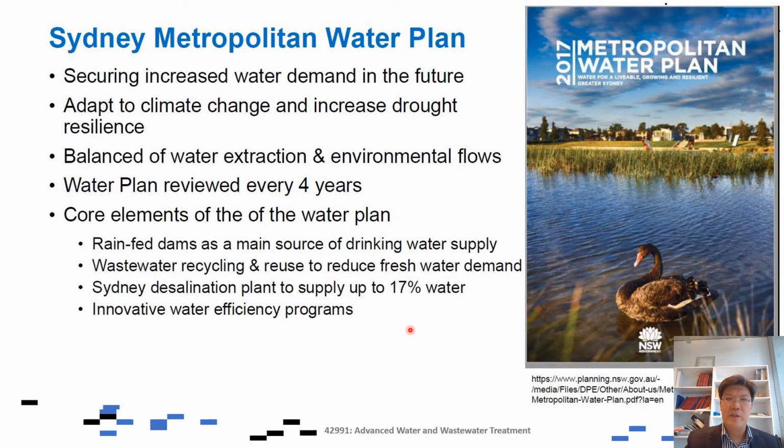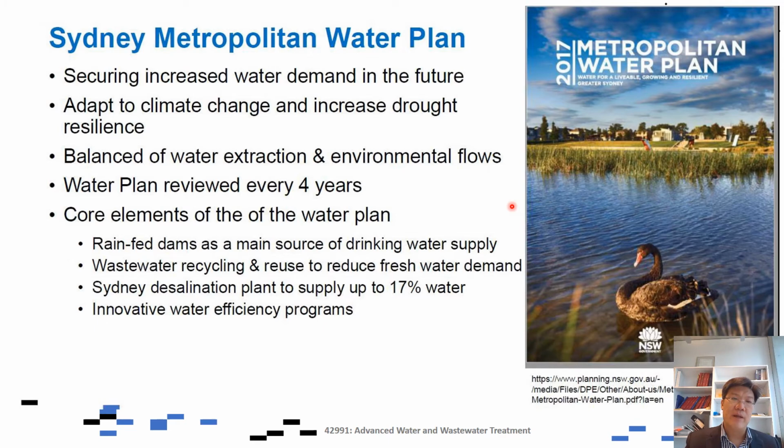Also, we will cover the Sydney Metropolitan Water Plan. This is about how to secure increased water demand in the future, adapt to climate change and increase drought resilience, and balance water restrictions and environmental flows.